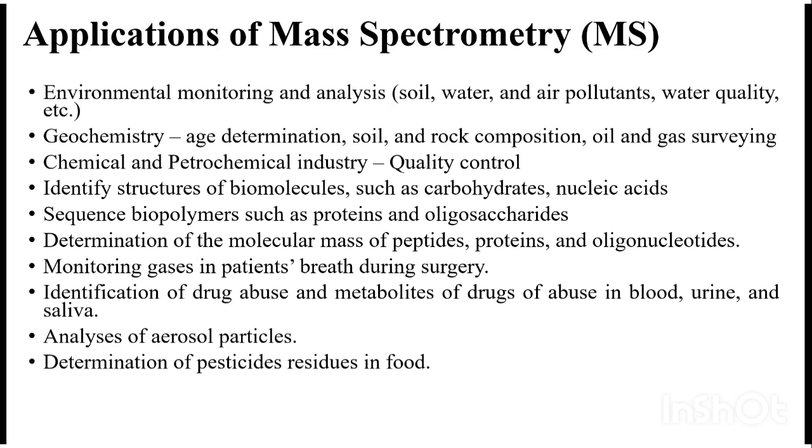So what are the applications? Environmental monitoring and analysis, in the field of geochemistry, and in the chemical and petrochemical industry. Identifying the structure of biomolecules such as carbohydrates and nucleic acids, and sequencing biopolymers like proteins and oligosaccharides. Determining the molecular mass of peptides, proteins and oligonucleotides.